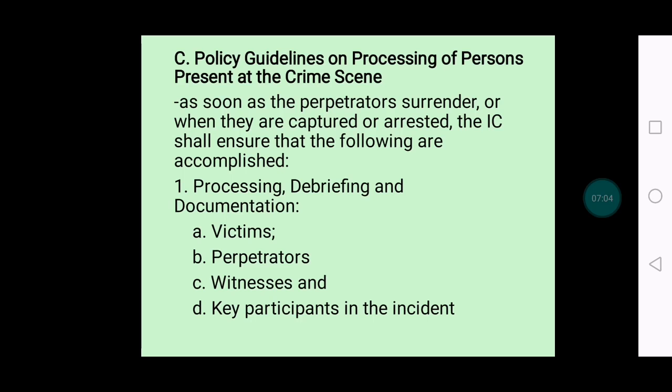As soon as the perpetrators surrender or when they are captured or arrested, the IC shall ensure that the following are accomplished. Number 1 is processing, debriefing, and documentation. They will document victims, perpetrators, witnesses, and key participants in the incidents.